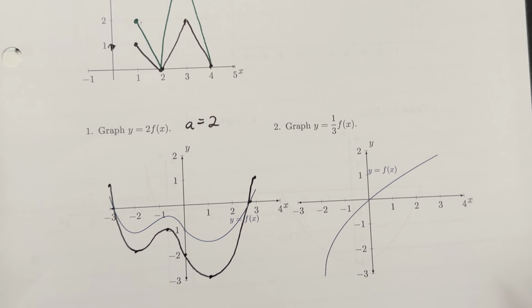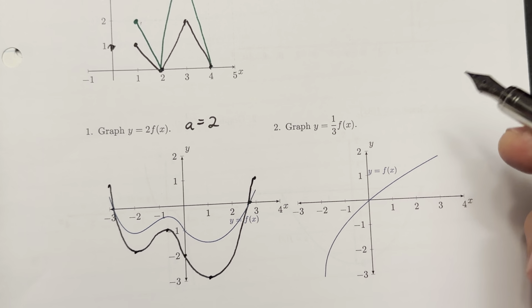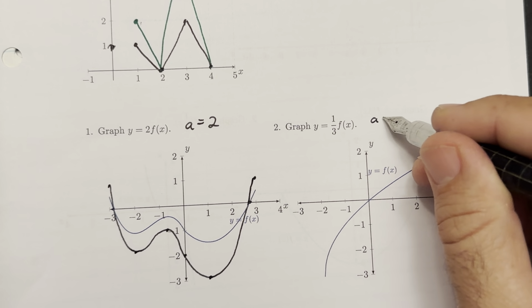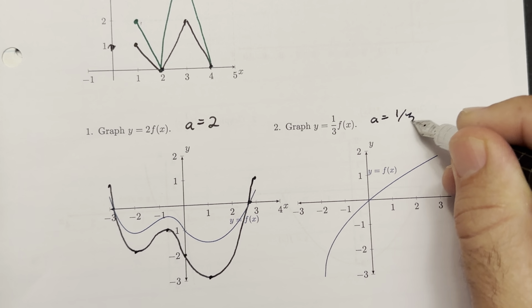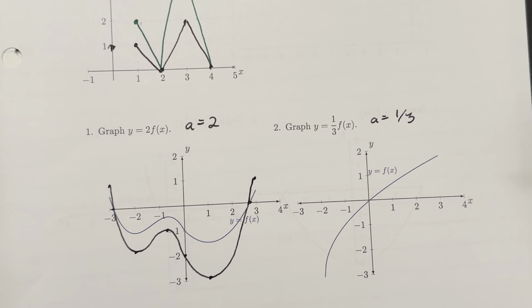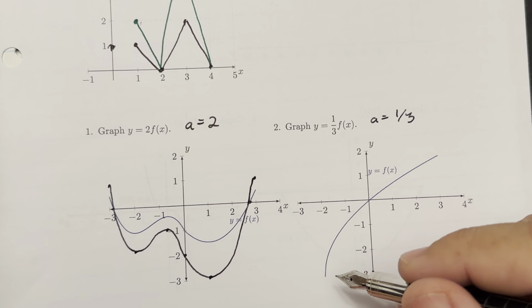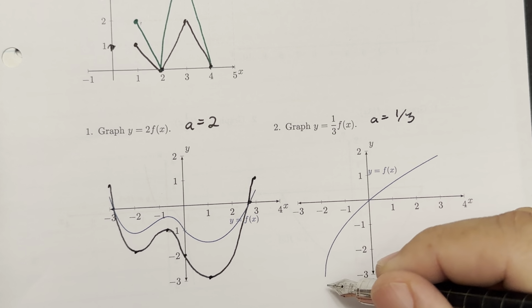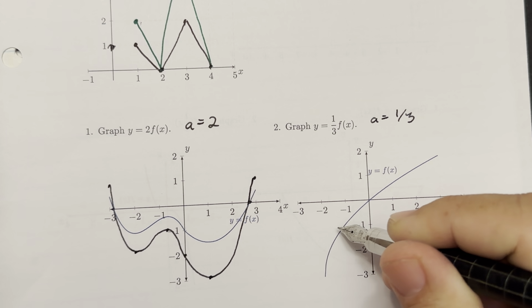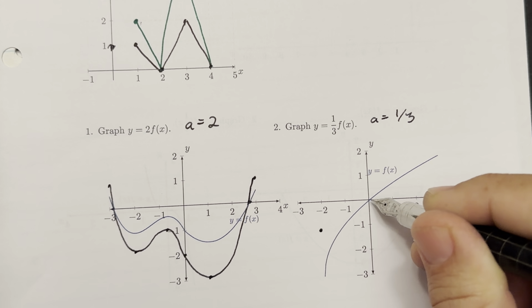Okay. Now we come over here. Note that a is a third. So that means we're shrinking it in towards the x-axis. So here we're at -3, so it goes up to -1, right?